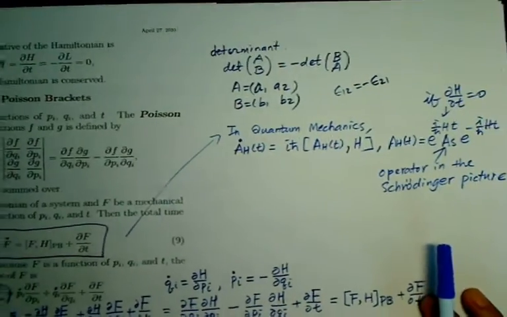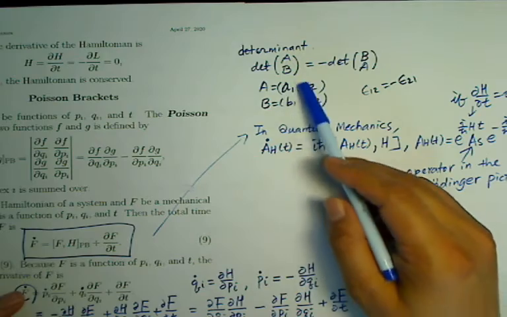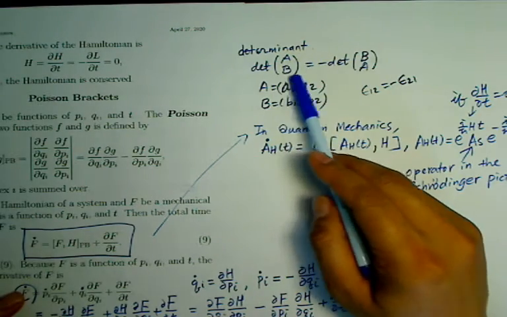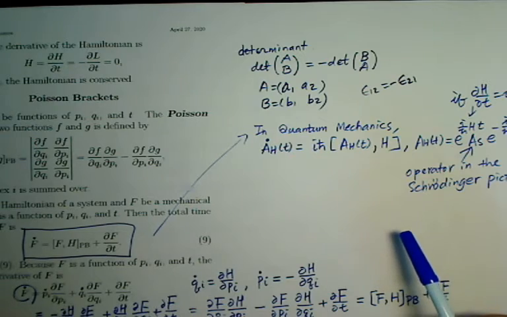First, let us recall the determinant property. Consider the determinant of a 2 by 2 matrix.